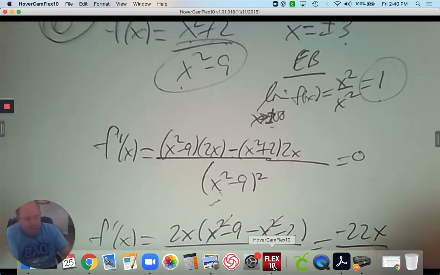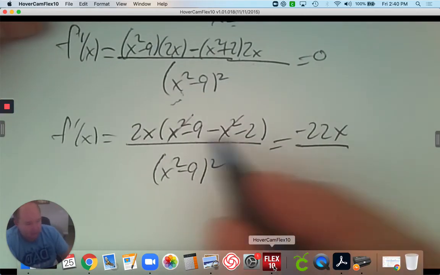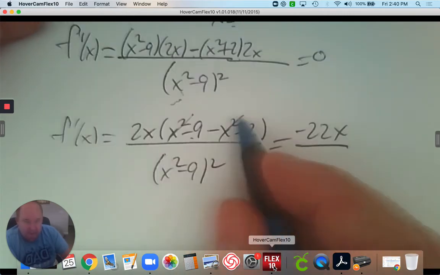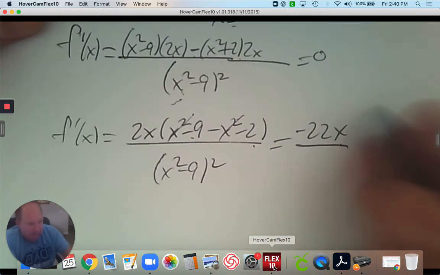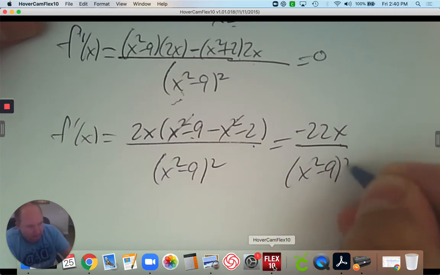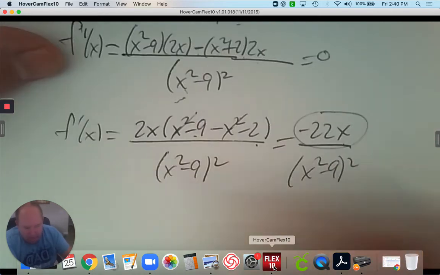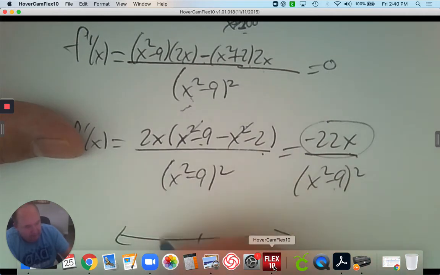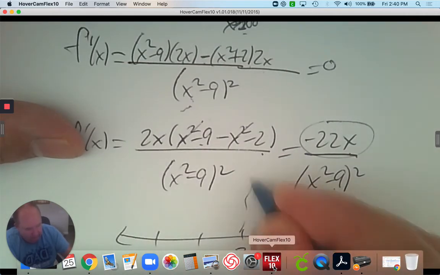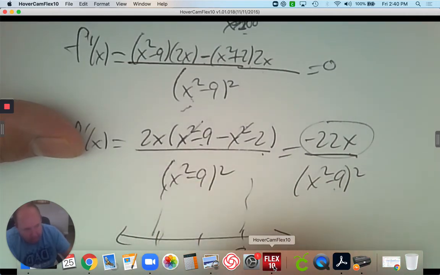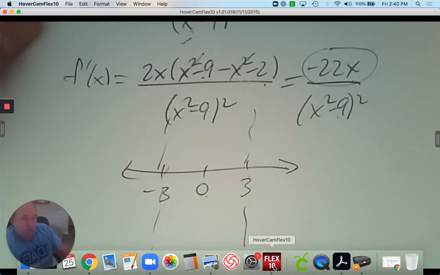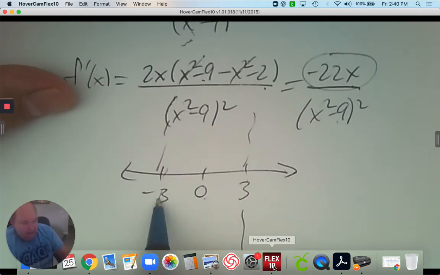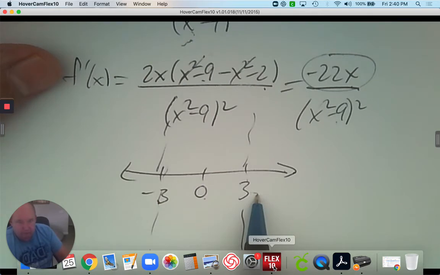Yep. So negative 9 subtract 2 is negative 11 times 2. And then the denominator. If I look at the numerator, what makes the numerator 0? That would be 0. And then we still have positive and negative 3 that are asymptotes. So 0 is the only extreme point because negative 3 and positive 3 are asymptotes.